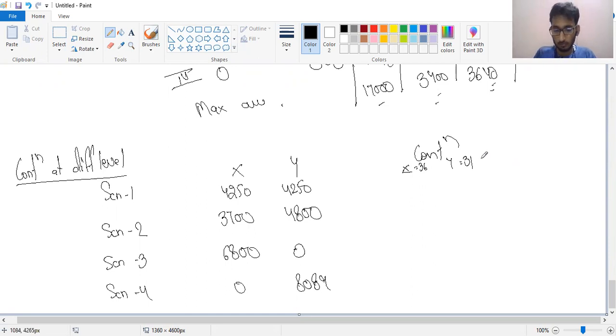So 4250 multiplied by 36 would be 153,000, sorry, plus 4250 multiplied by 31, which would be 131,750.